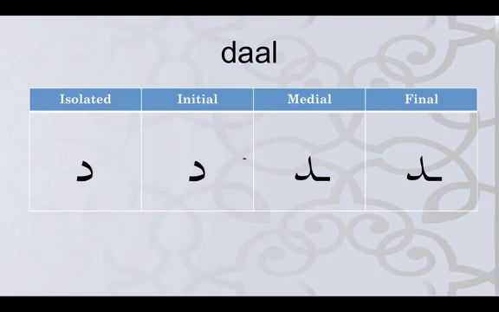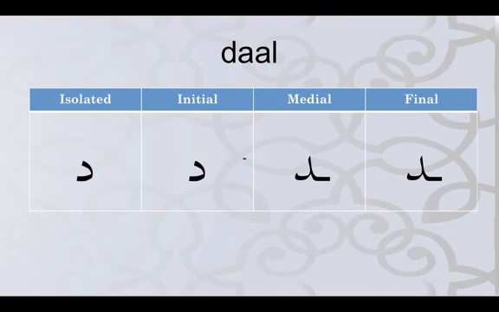Its isolated and initial forms are the same, and its medial and final forms are the same. Whereas the letter Dhal has a dot on it, and it looks almost identical to the letter Dal, except that it has a dot on it. The letter Dhal also has isolated and initial forms that are the same, and medial and final forms that are the same. So this is why the Hijri order of the letters that we memorized earlier is important.